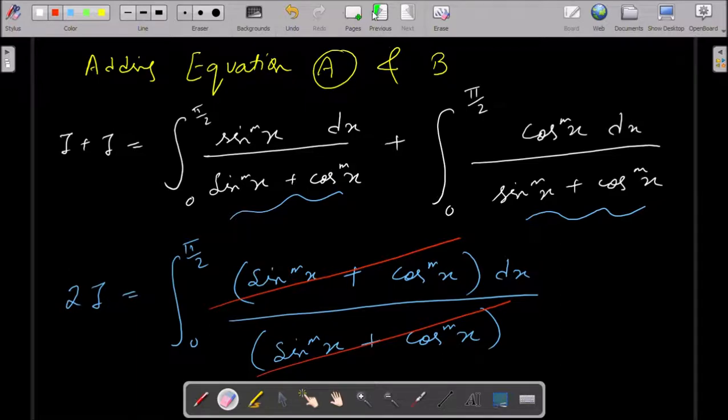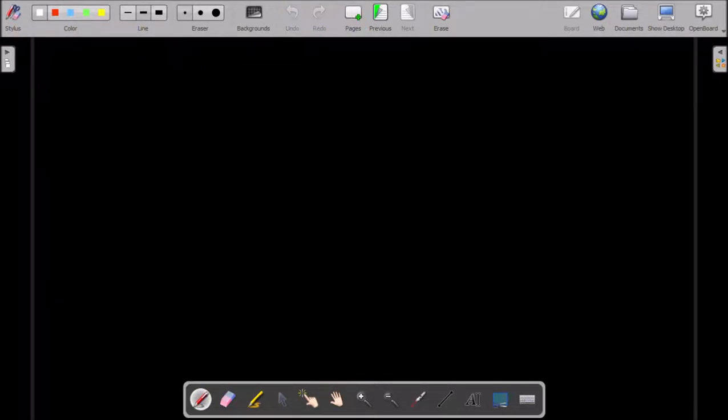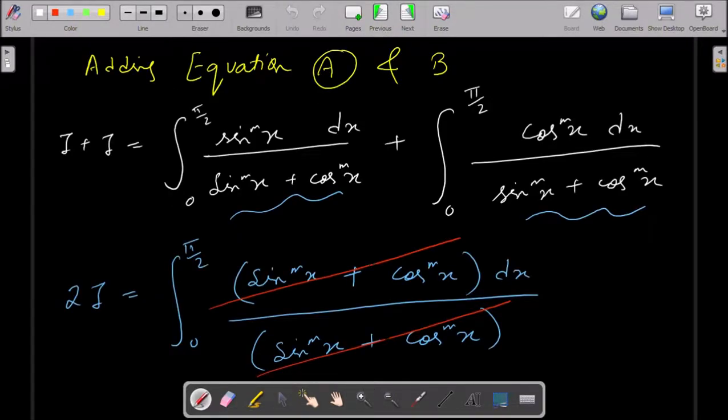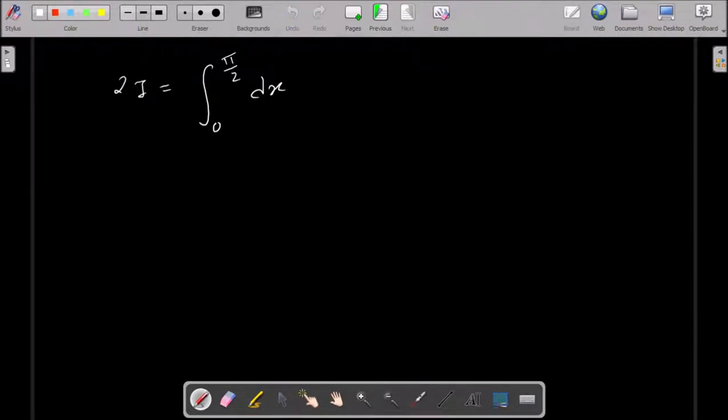So we will write on the next page. 2I equals integration of 0 to pi by 2 dx. Nothing is left, only 1 is left. So I equals half integration from 0 to pi by 2 of 1 dot dx.